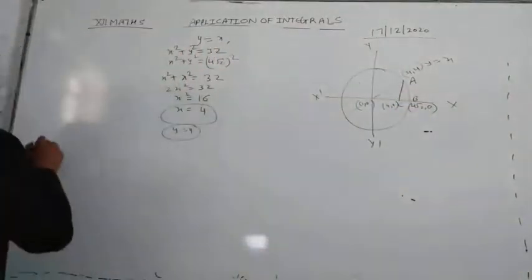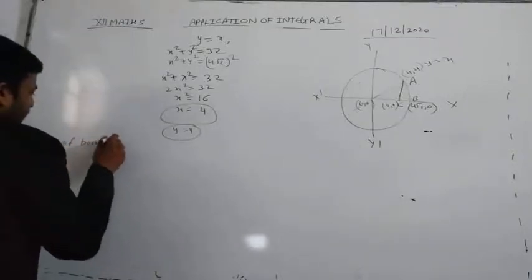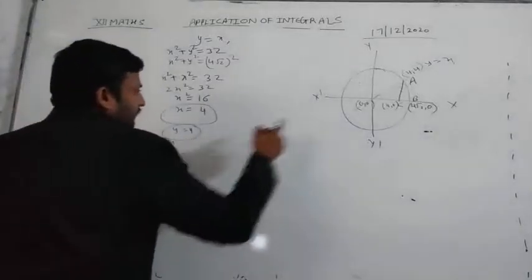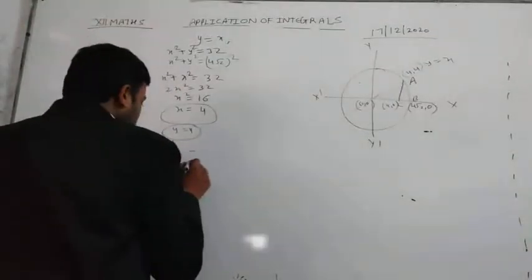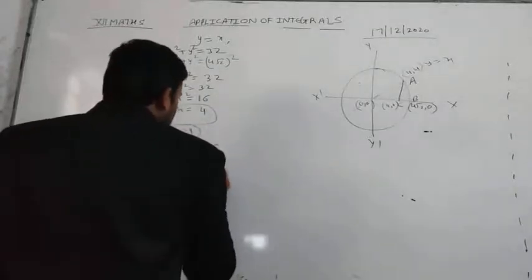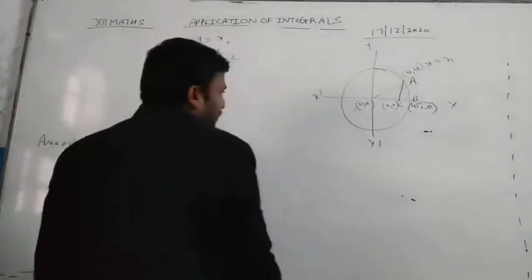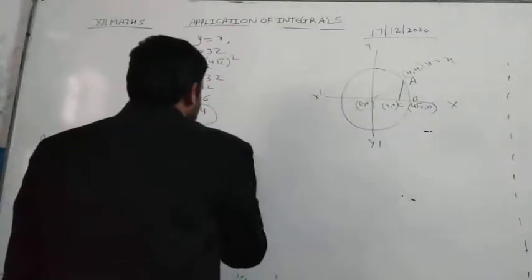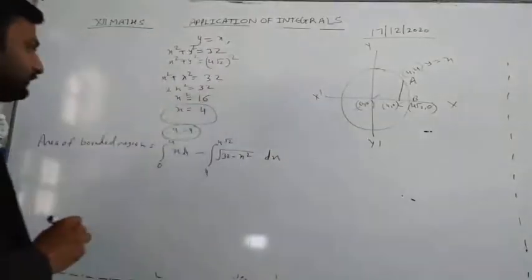Okay student, so the area of the bounded region will be the integral from 0 to 4 of y dx, so x dx, and from 4 to 4 root 2, the circle y dx again. So we can write the square root of 32 minus x square dx.